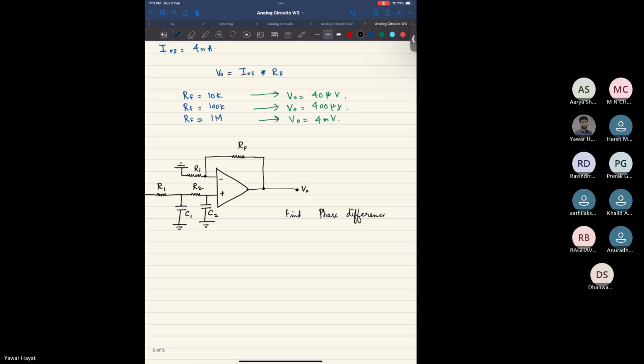Okay, take at very large frequency, or take it as infinite. Okay, and assume op-amp is ideal.